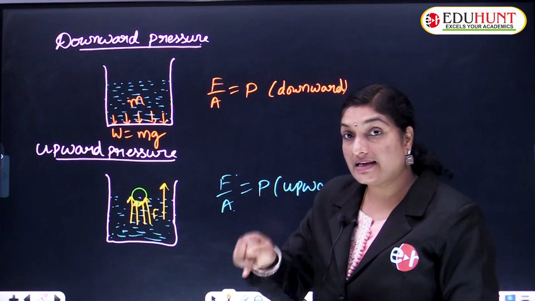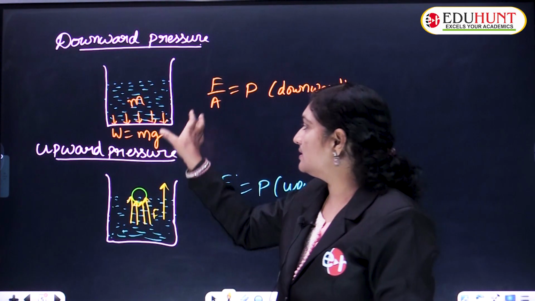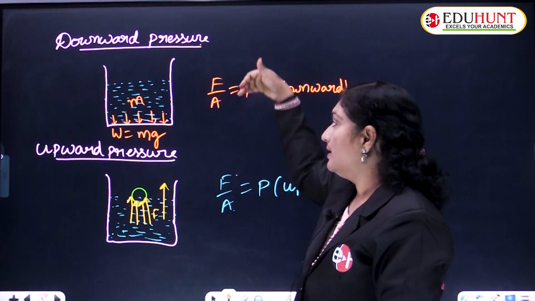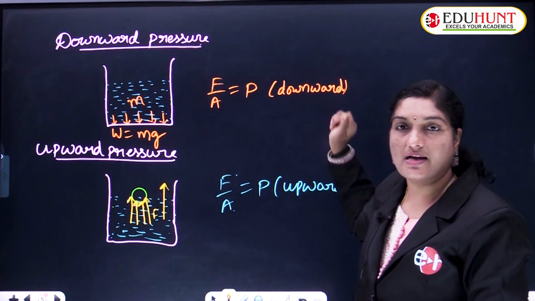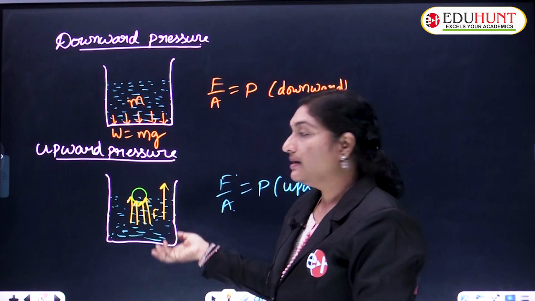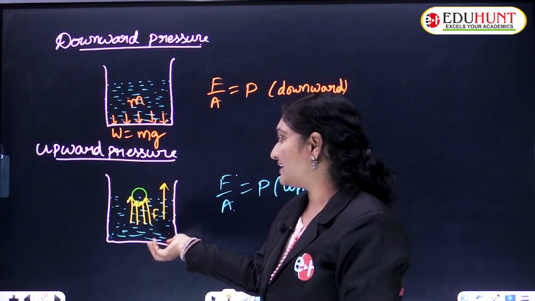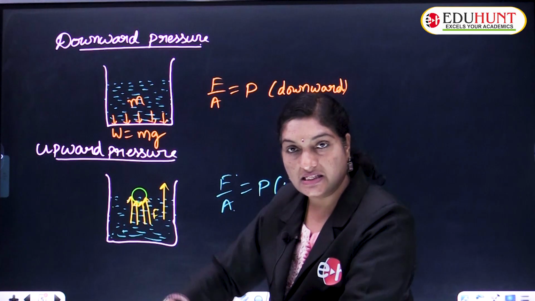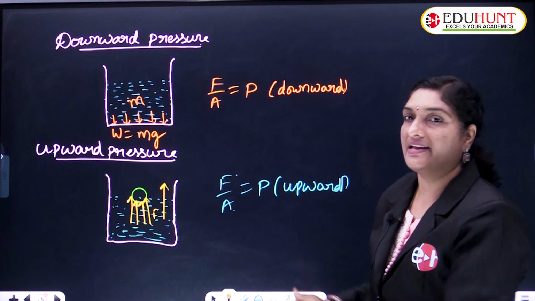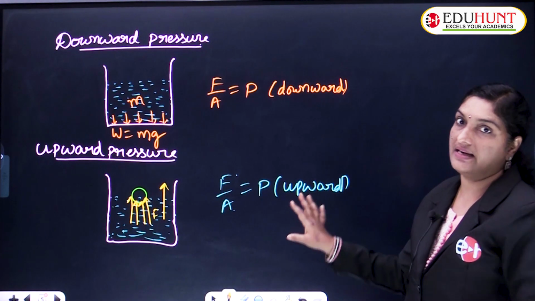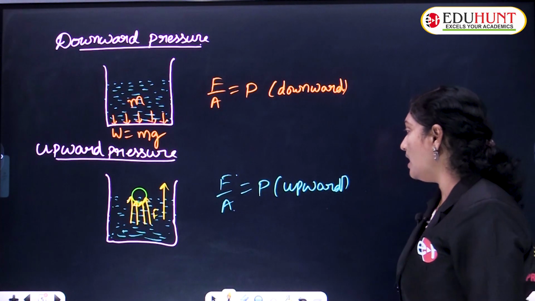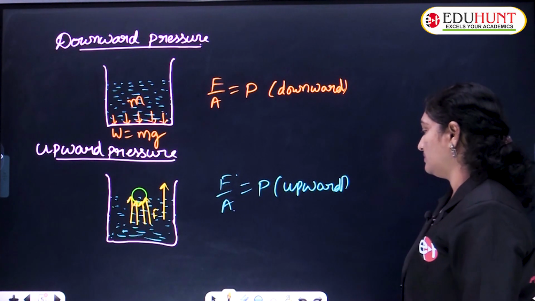So, that thrust upon the given area of cross section in the downward direction is called downward pressure, whereas some amount of force acting on the ball when it is immersed inside the liquid in the upward direction, that force acting on that particular area in the upward direction is called your upward pressure.